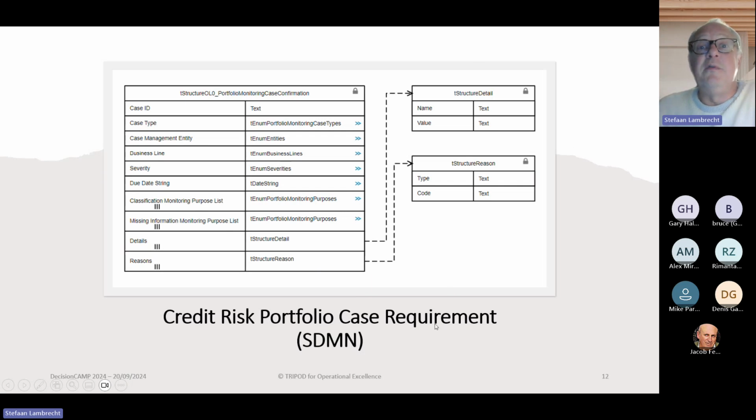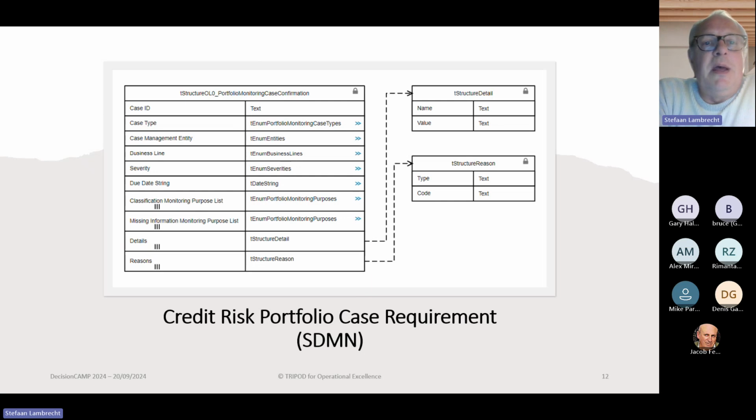And here, what I've done here is, because we didn't have that at the bank, I used, in fact, the Trisotech implementation of SDMN.